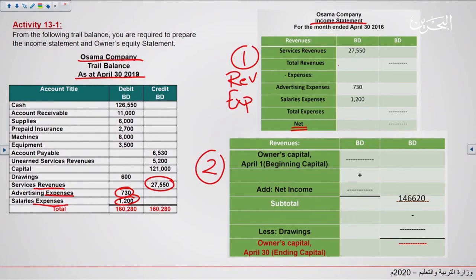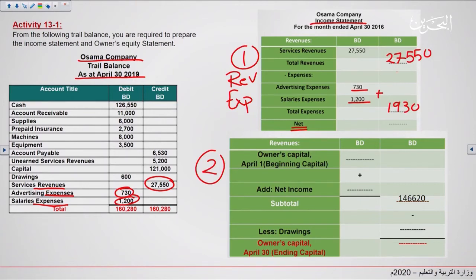So we will start with the service revenue, which is the revenue here. It is already one amount, so the total will be the same. Then I will list the expenses, which are 730 and 1,200. We will add them to get the total of the expenses, which is 1,930.